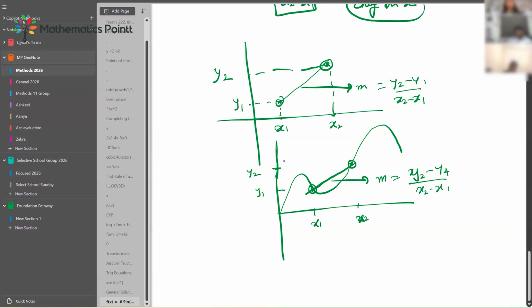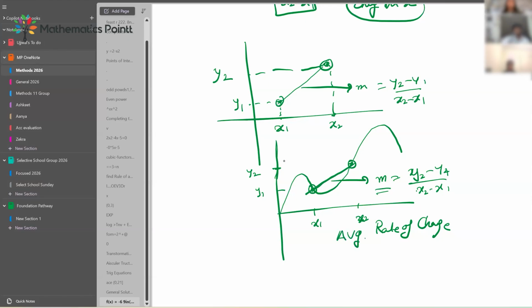I now also start calling this not only rate of change, because I've been calling it rate of change for a while, but when I have a curve which is not a straight line, which is not linear, it's non-linear, and I need to know the change between the 2 points, I call it the average rate of change.